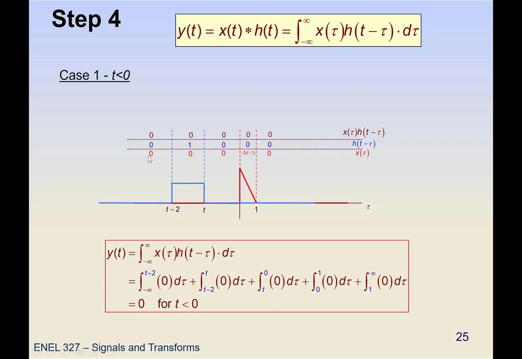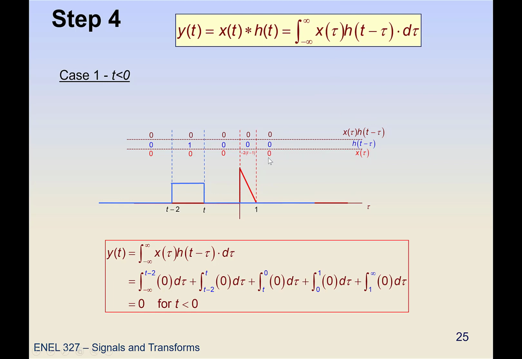So it's 0 in this part of h, 0 in this part of h, 0 in this part of h. It's minus 2 times tau minus 1 in here, and 0. And then h of t minus tau in the 5 different areas, I write those down as well. And then this is what is under the integral.